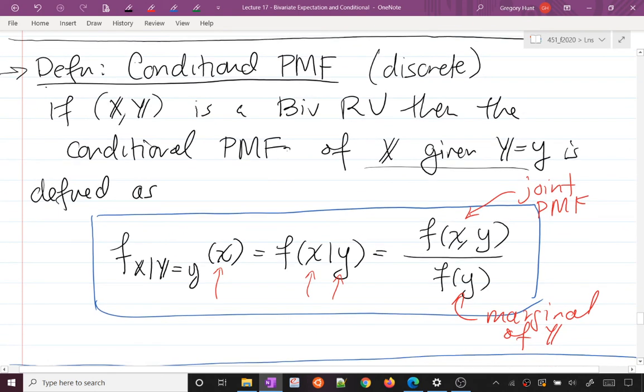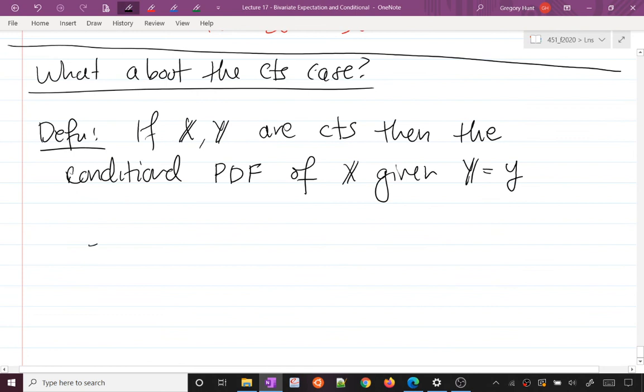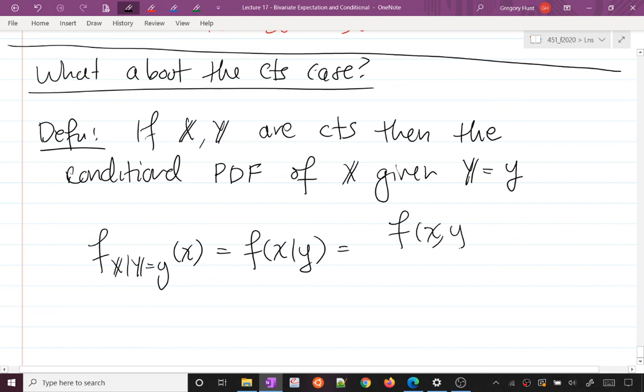In the continuous case, we're just going to say the same thing, that f of x given y is little y at some value little x, or equivalently, in notation, f of x bar y. And we're just going to borrow from the discrete case, and we're going to define it in the same way.